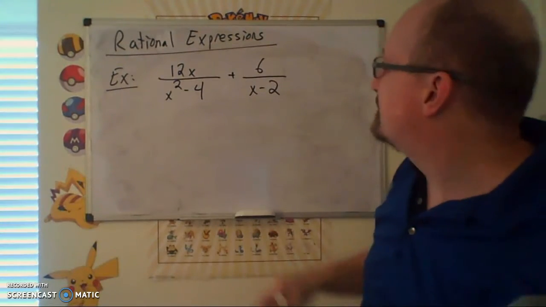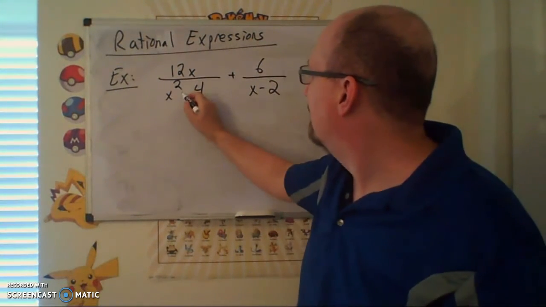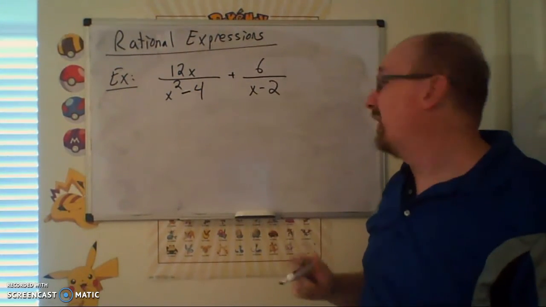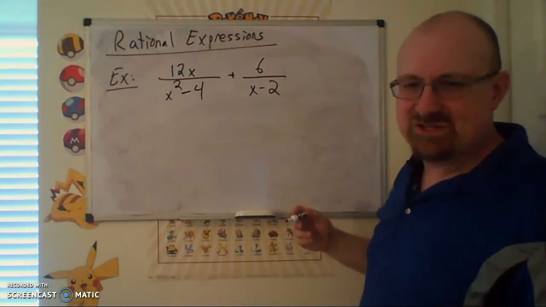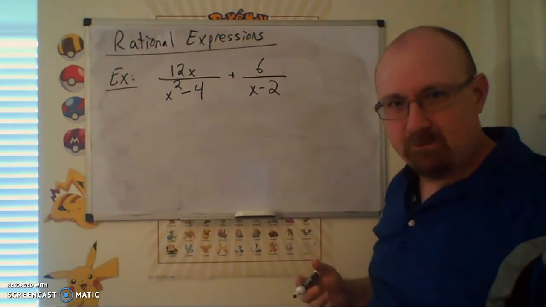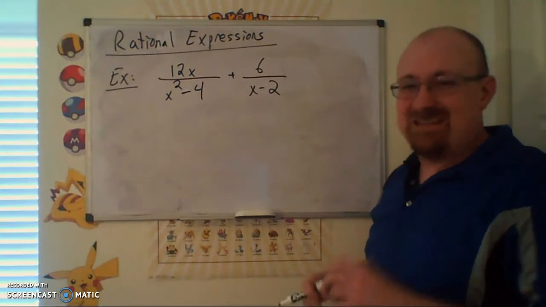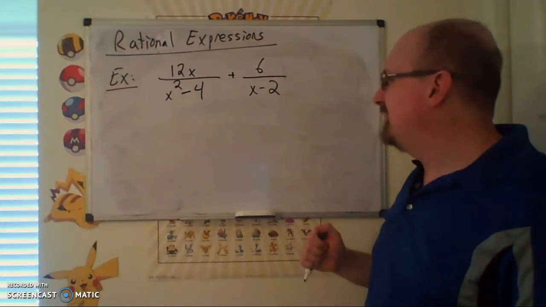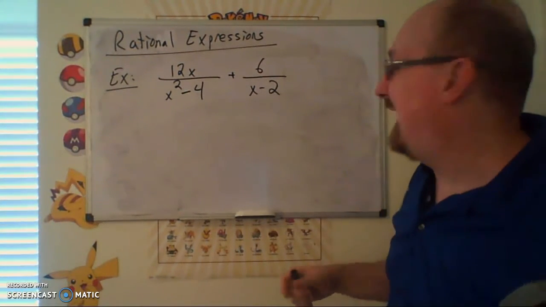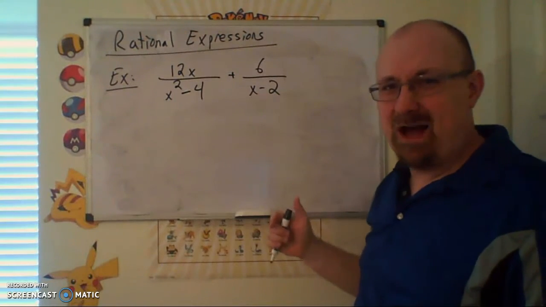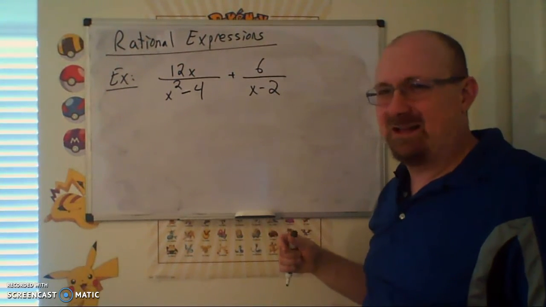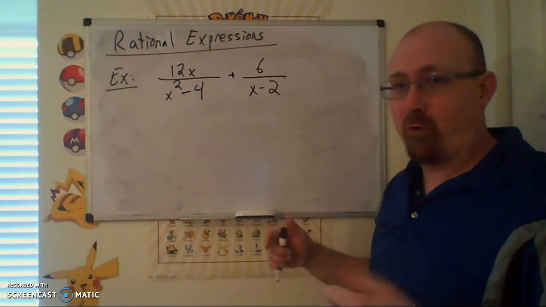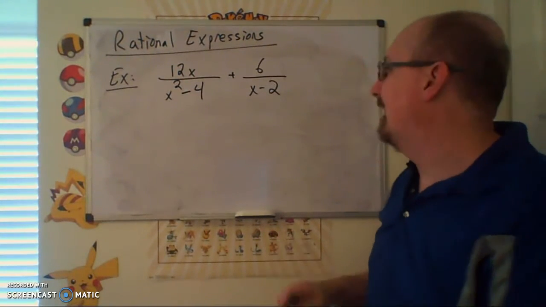Okay, up next we have 12x over x squared minus 4 plus 6 over the quantity x minus 2. That's our setup here. Technically we could do it the exact same way we did the last one, just smash these two together. But if you do that, you've got some excess cruft that doesn't need to be there.